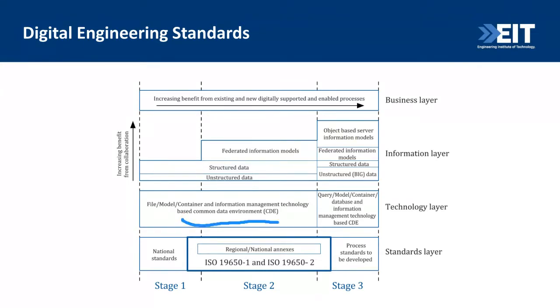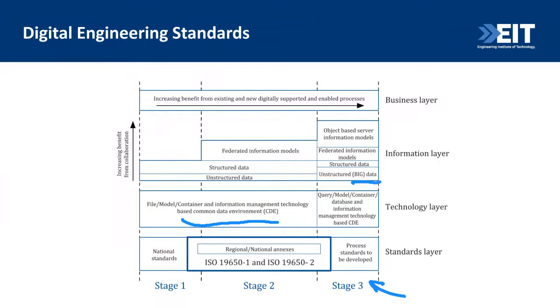And in some parts ISO also mentioned the common data environment, CDE. This is the first generation, as we said, but we are looking to the connected digital ecosystem. We also call it CDE 2.0. We are also looking to the implementation and development of project and data management in stage 3.